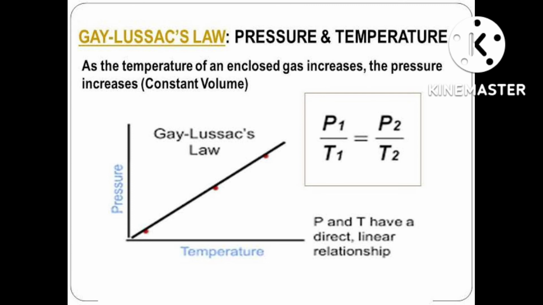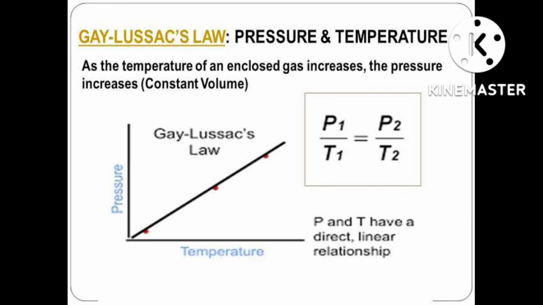Already I have told you, each line of the graph in this case, when V is constant, is called an isochore.